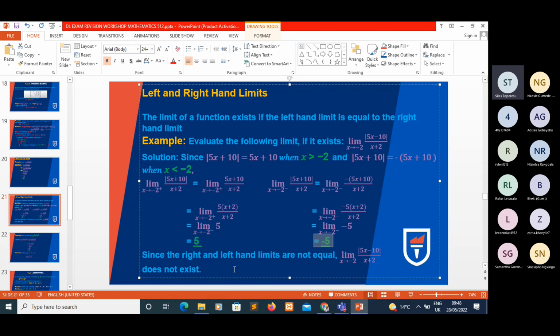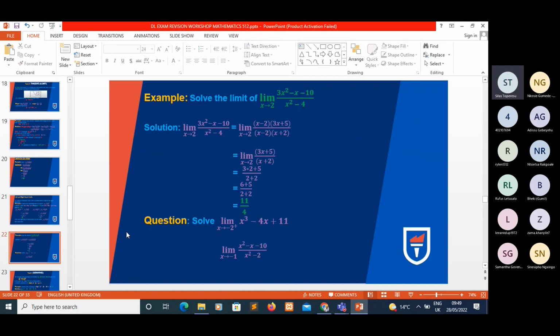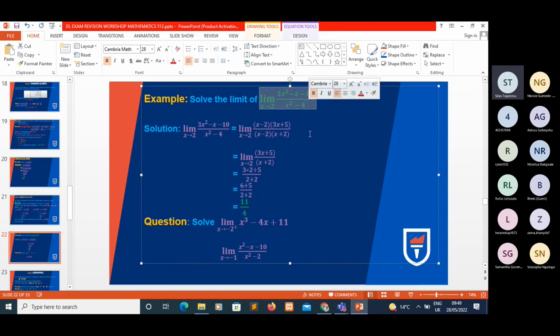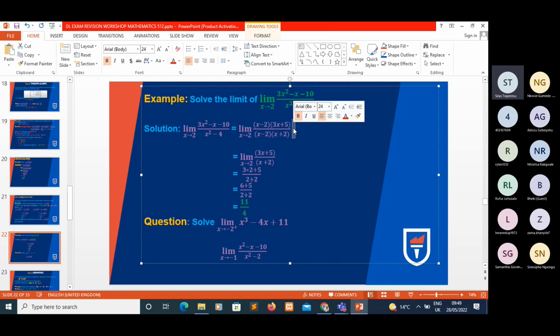For a limit to exist, the limit approaching from the left side must be equal to the limit approaching from the positive side. Then you can say the limit exists of a certain function. So that's how you determine whether a limit exists given any expression. You should also know how to solve a limit whenever you're given a limit of a function, even when you are not asked to determine whether a limit exists, but just asked to solve.